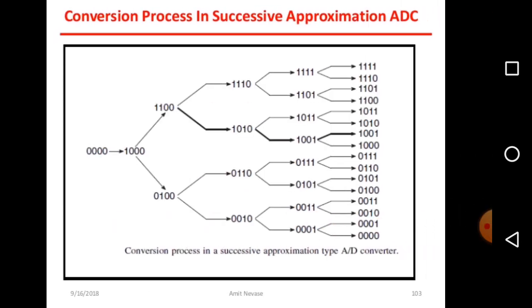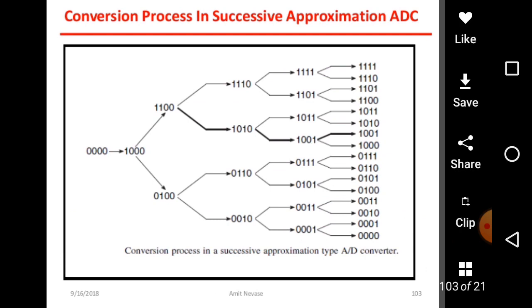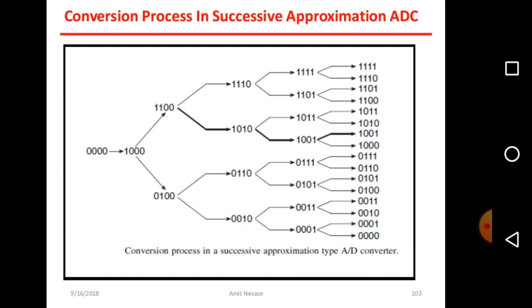Here you can see the successive approximation tree, how the unknown analog value is converted into a known digital output. Each unknown analog voltage is compared with a known voltage, like a weighing system, continuously measuring the unknown voltage against a known voltage.